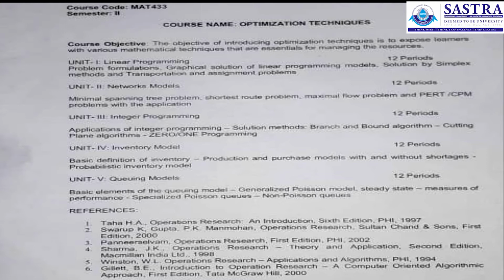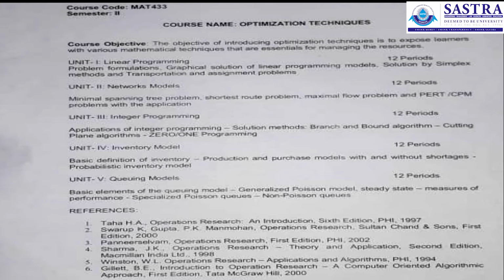Integer programming. Already we have got linear programming. Now if the variables involved do not assume fractional values, only integral values, then that programming is called integer programming. Once again, its application will also be dealt with while I teach this chapter.